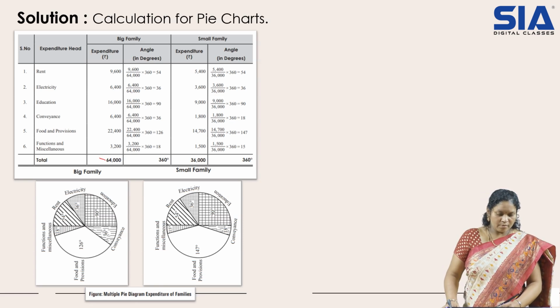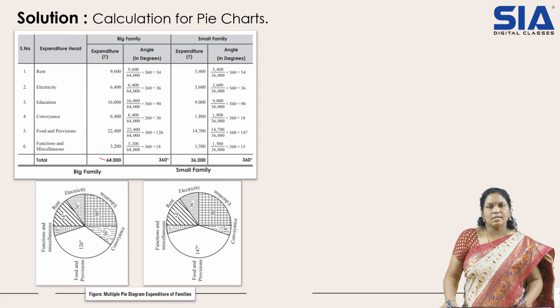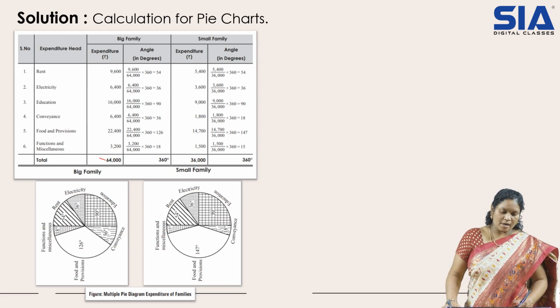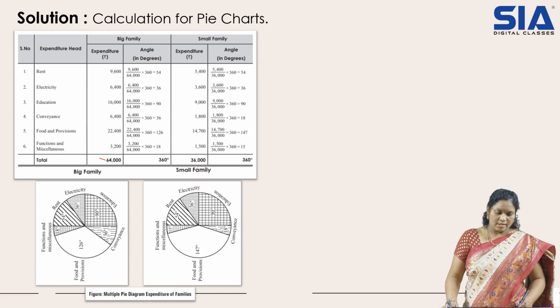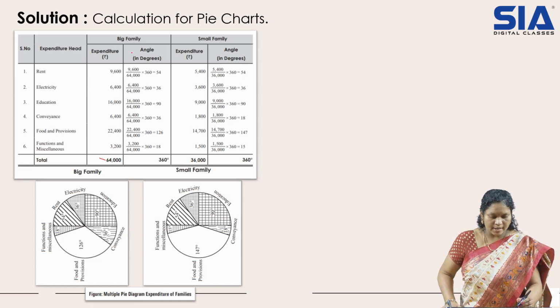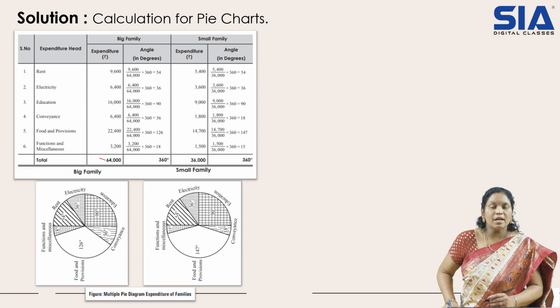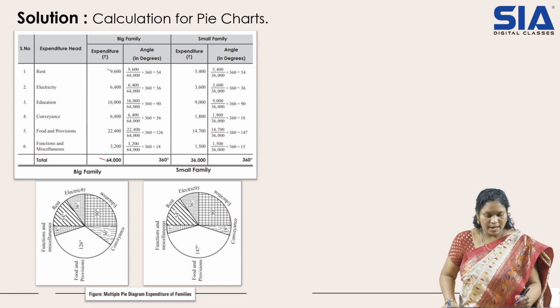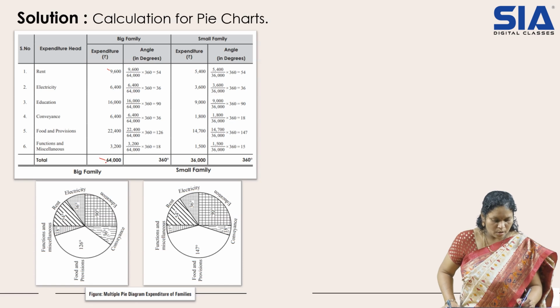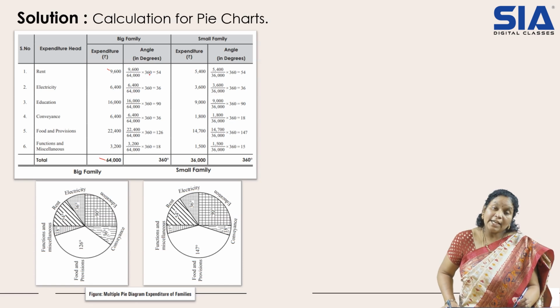Now we have to convert that into degrees. Like in the percentage bar diagram, where we converted data into percentages, here we convert to 360 degrees. To get angles, take the original value, for rent 9600, divide by the overall total 64,000 and multiply by 360.